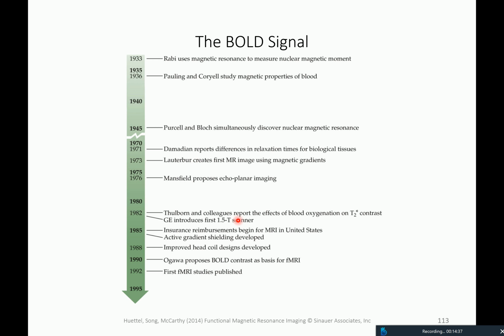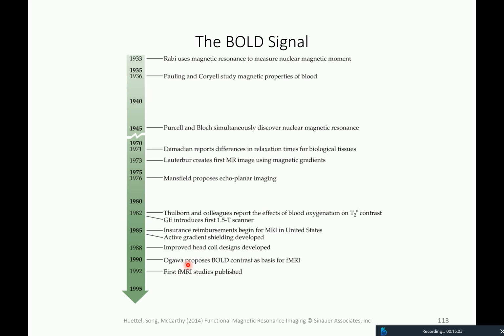And then basically in the 80s putting these things together by looking at the effects of blood oxygenation on T2 and T2 star contrast, or T2 star contrast mainly, and the uptake of scanners in the clinics, better head coils, and then finally the proposal of BOLD contrast for fMRI and the first fMRI studies that we have already seen.